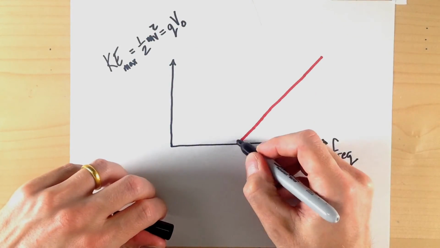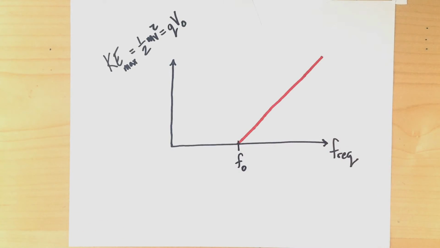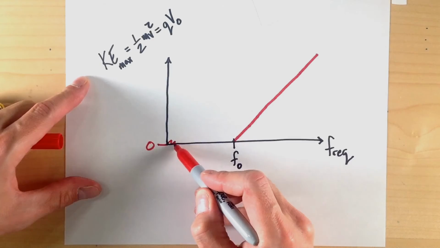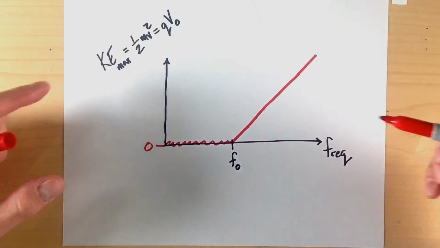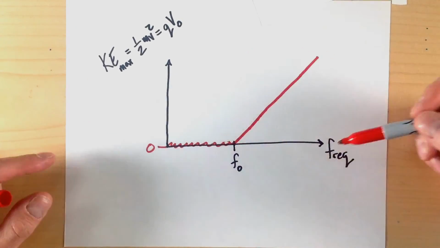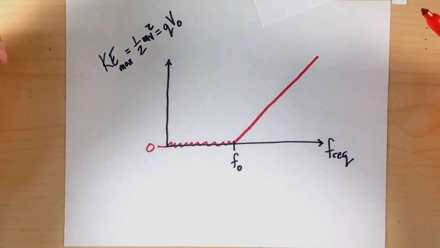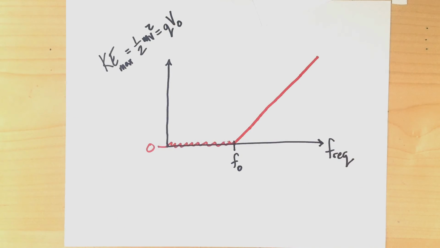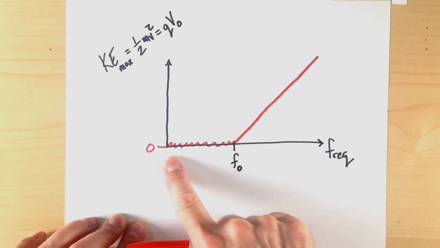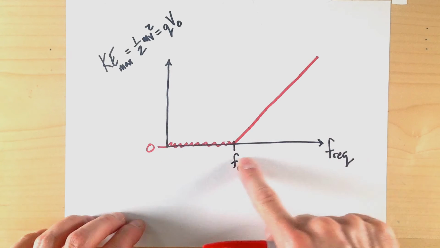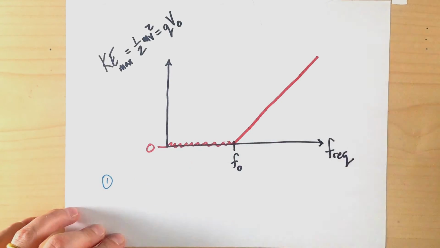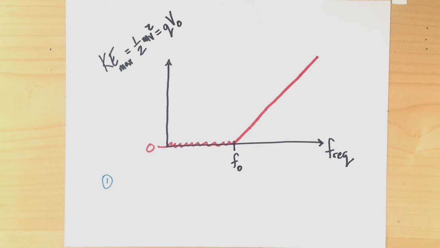I'm sorry, let me say this is a particular frequency where the kinetic energy becomes 0. Below that F naught, there is this kind of frequency threshold, and below that, there are no electrons that come off with any energy whatsoever. It is this threshold that leads us to know, first of all, that photons have a particle nature.